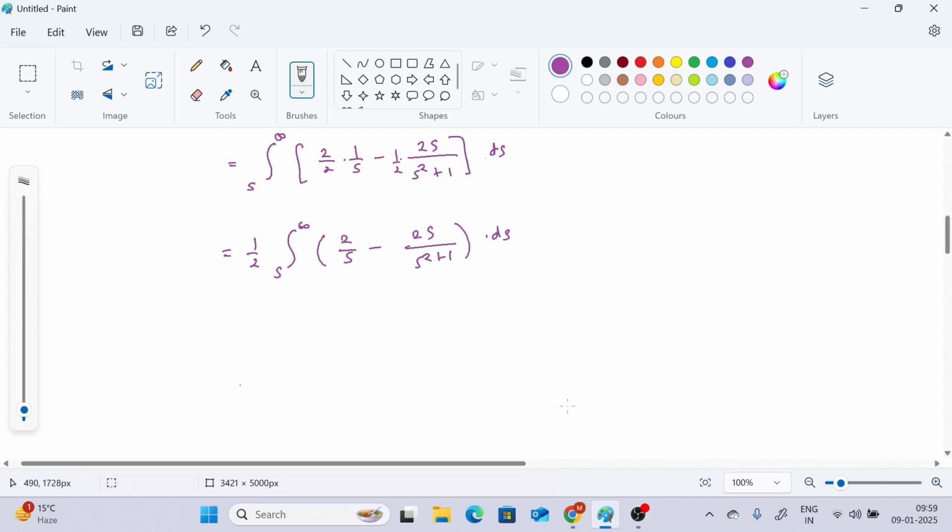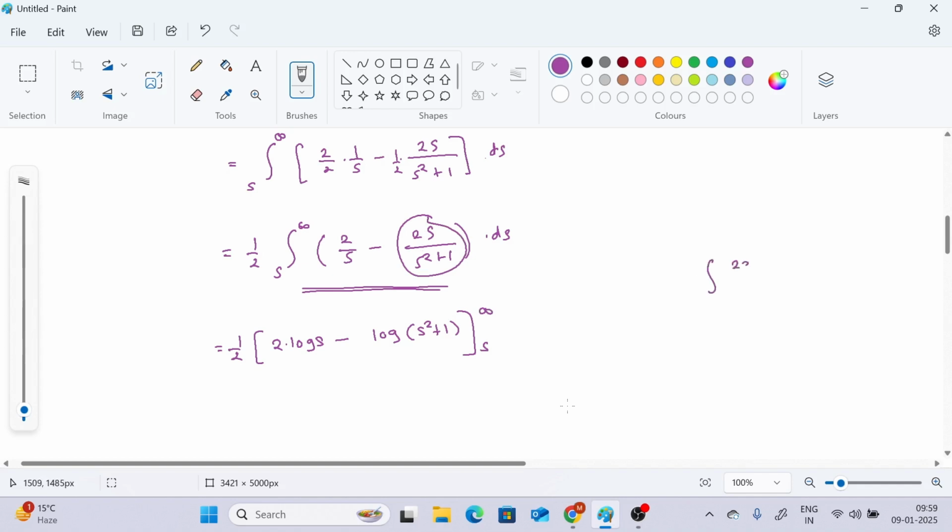Now if I integrate this term, then what can I write? 1 by 2 times 2 log of s minus log of s square plus 1, with limit s to infinity. How did I get this? We have one standard formula here.